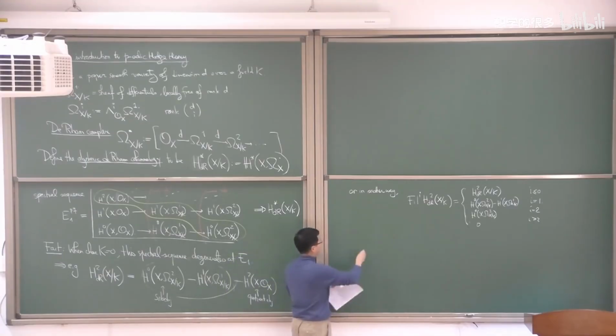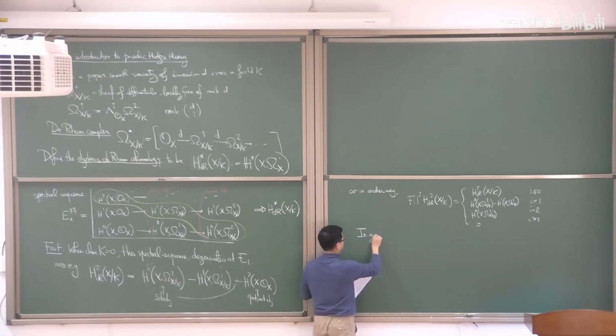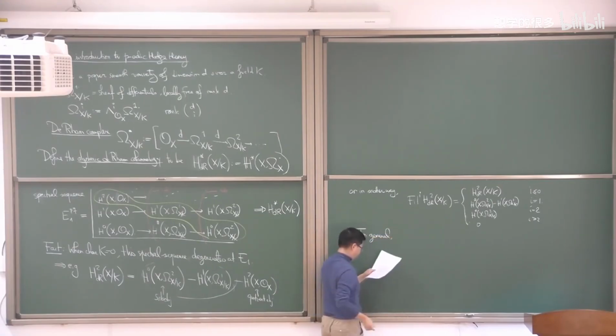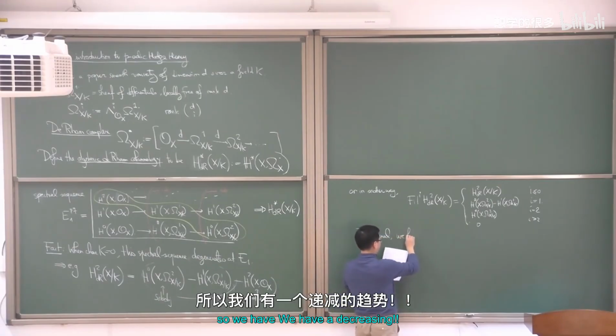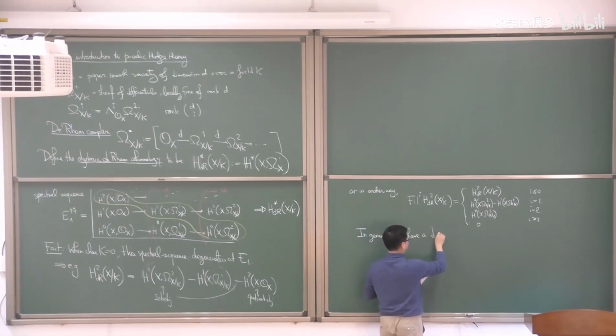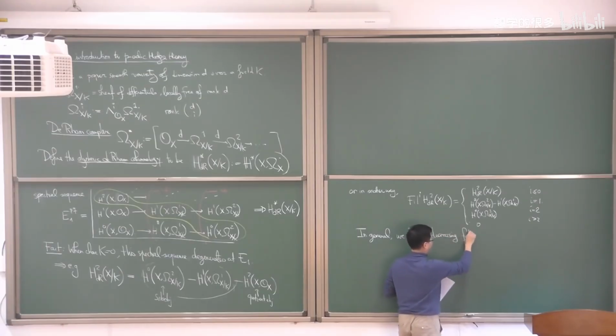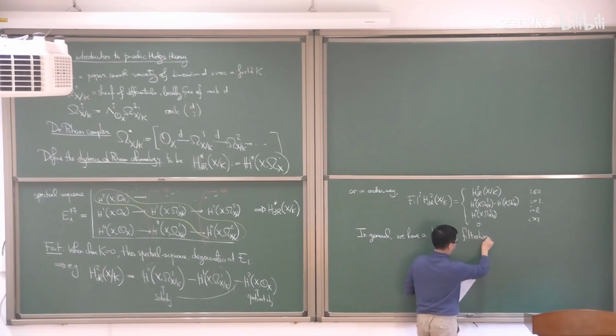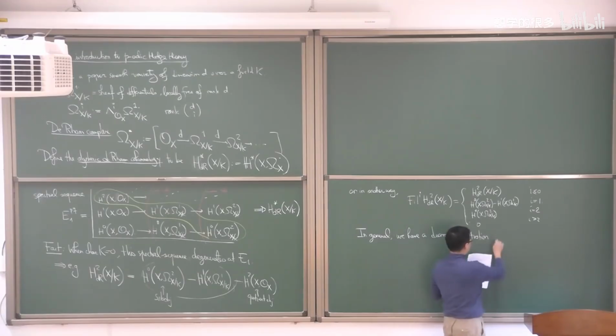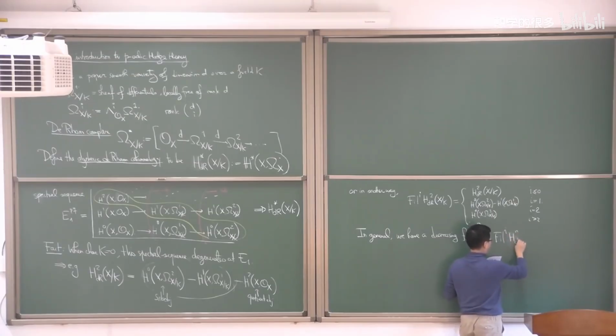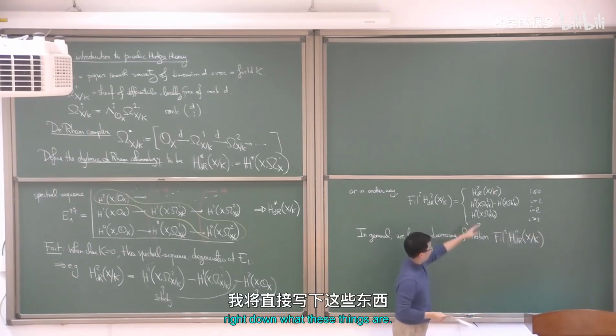So in general, we have a decreasing filtration. In fact, we can write down what these things are.